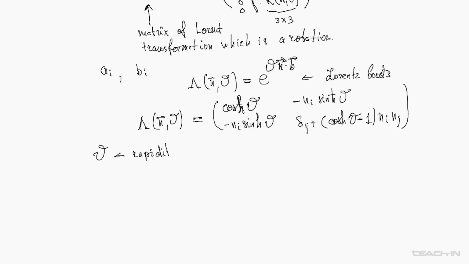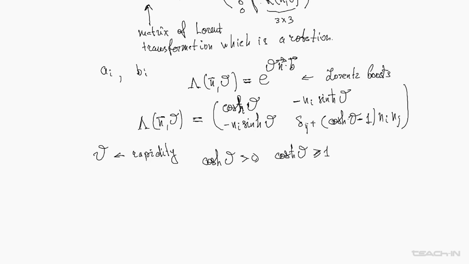First of all, you see that cosh vartheta is always bigger than 0. Actually, it is bigger or equal to 1 by the property of cosh. It is a variable which takes values from 1 to plus infinity.